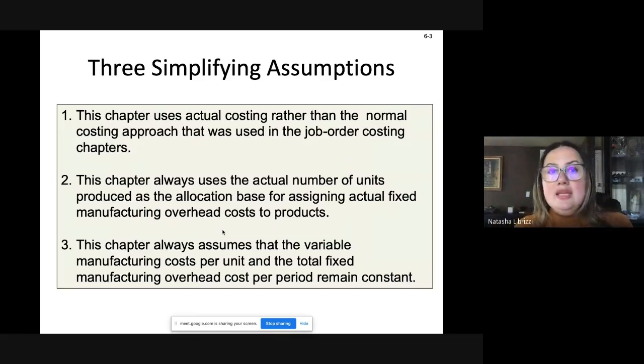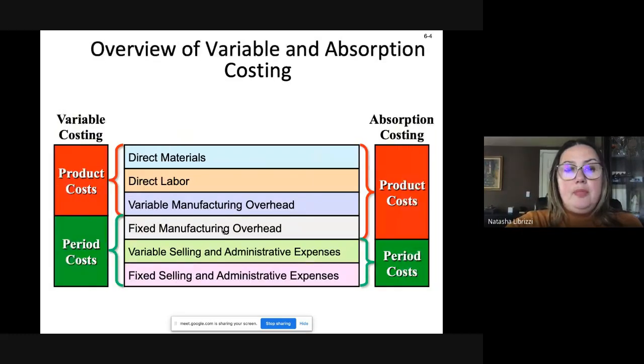Again, in this chapter, I will be using examples to get the point across of the concepts, and as we're doing this, I'll intertwine the concept definitions and understanding. So let's take a look. I like this chart a lot because it visually contrasts what's happening here. Under variable costing, which we're learning in this chapter, a product cost includes only direct material, direct labor, and variable manufacturing overhead.